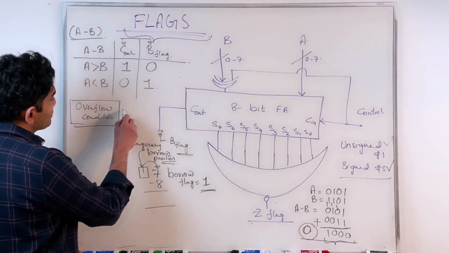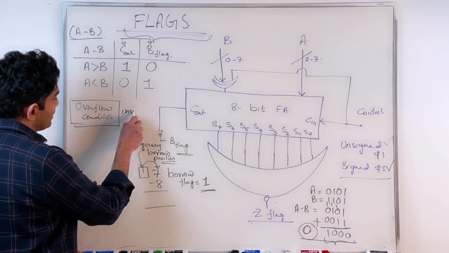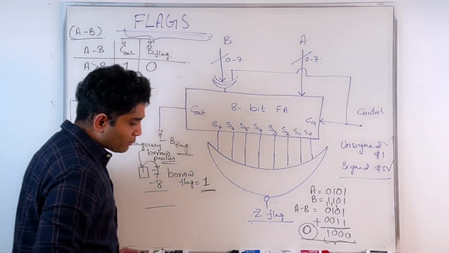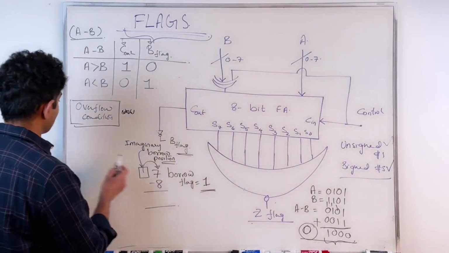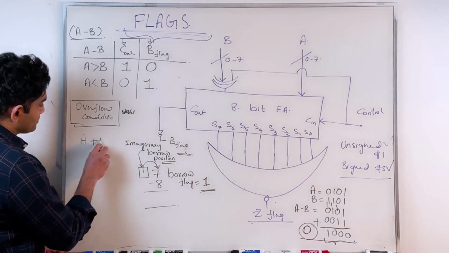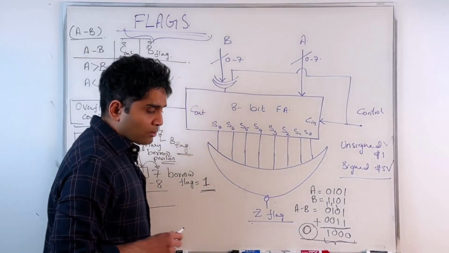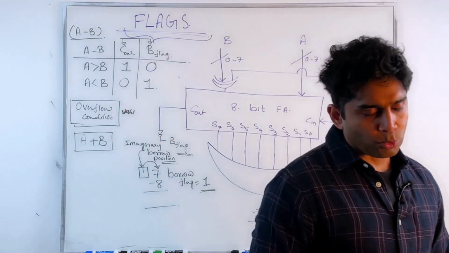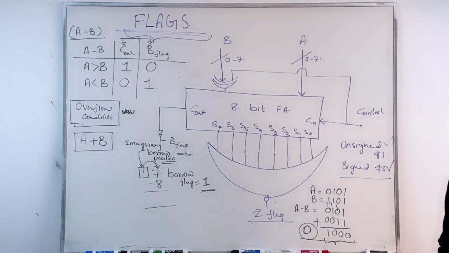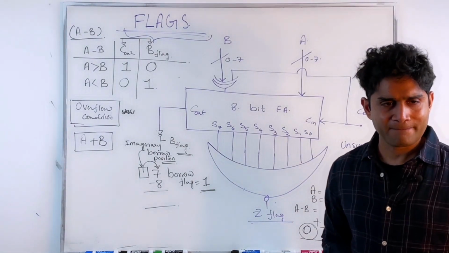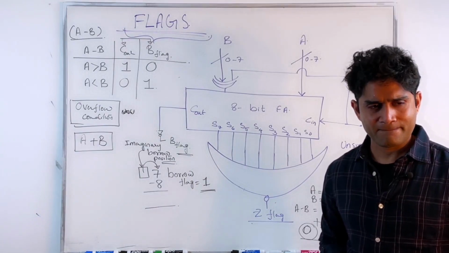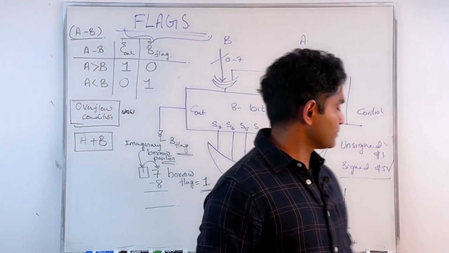Now for unsigned operations, how do I check for overflow? Let's say, just to simplify, I'm trying to add two numbers together. What can I use to check for an overflow condition? Any ideas here? Cout, very good.